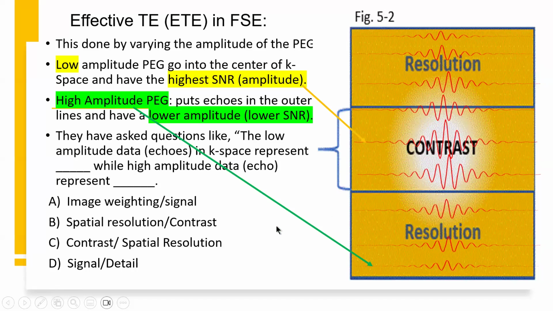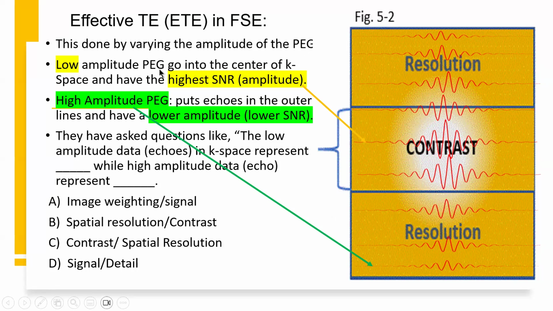Now, here's a question, and follow me on this, and I'll spend an extra couple of minutes if you don't get it. We are filling these lines of K-space by changing the amplitude of the phase encoding gradient. A low amplitude phase encoding gradient causes the highest amplitude echo because you're not screwing things up so badly. A big, strong gradient is going to mess things up.